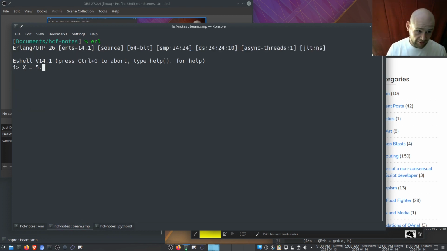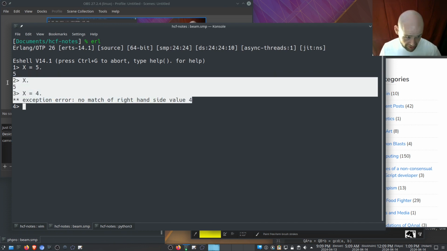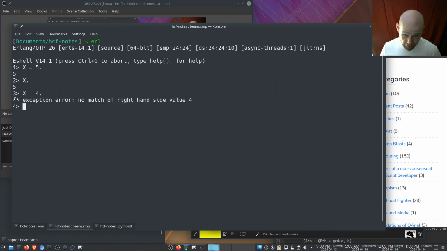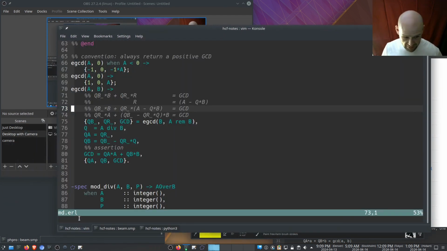If I say x is equal to 5, and then on the next line I say x is equal to 4, in the shell it just prints out a message, but in a real program, it crashes the program. So assignment in Erlang is also assertion. This crashes the program if the statement is false.